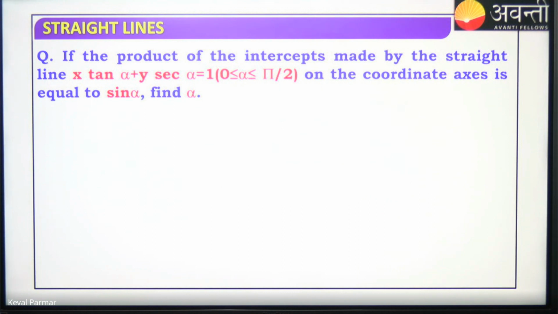Still no one? Just find the x and y intercept. How to find the x intercept? Put y equals 0. How to find the y intercept? Put x equals 0, and then multiply them, because their product is given as sin alpha.